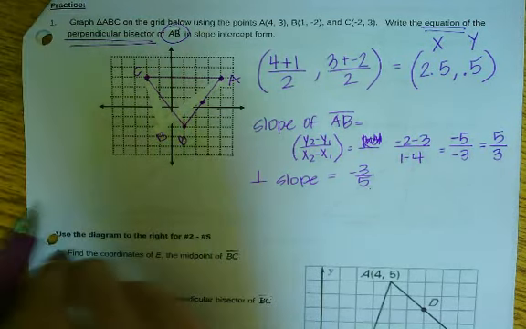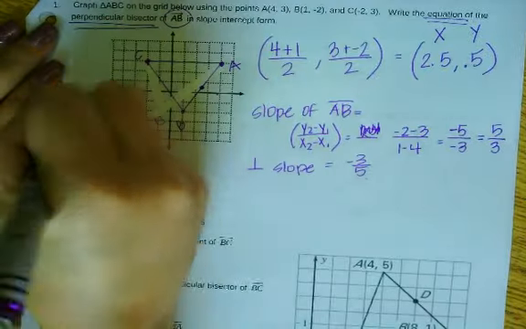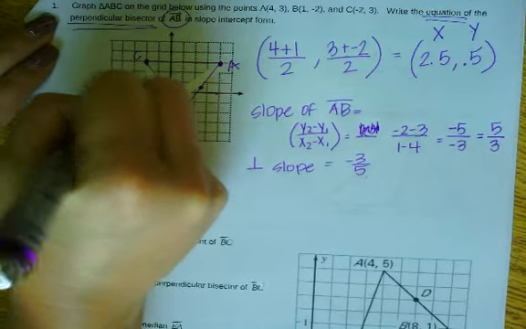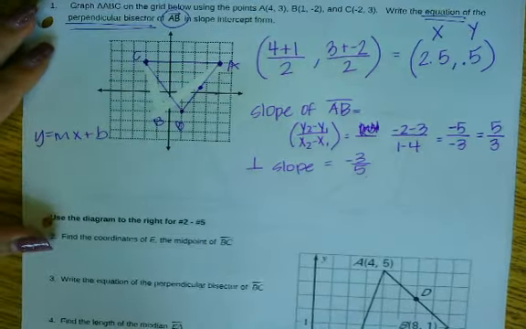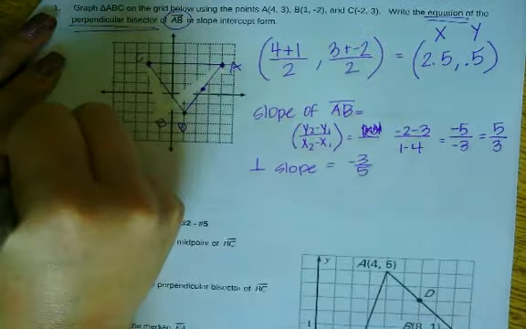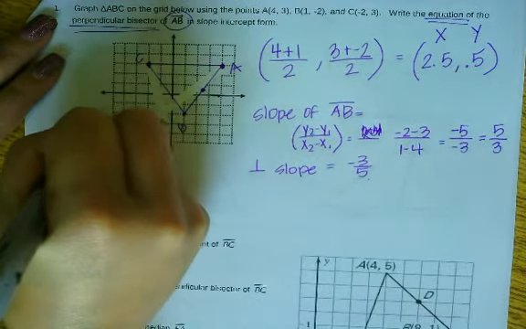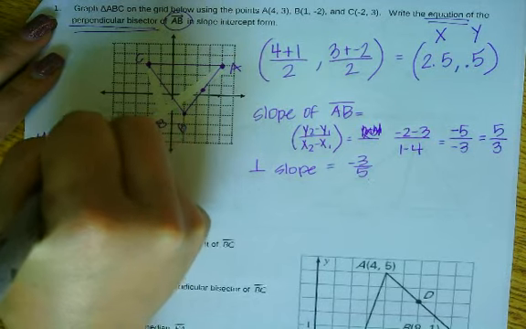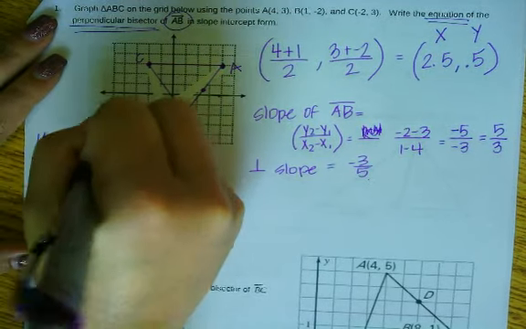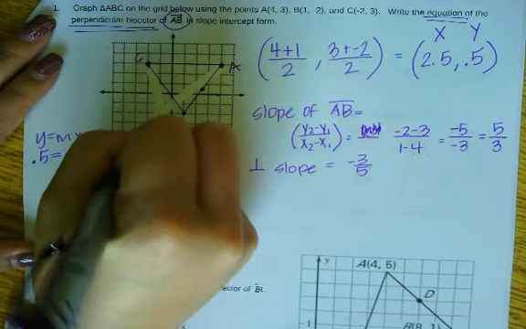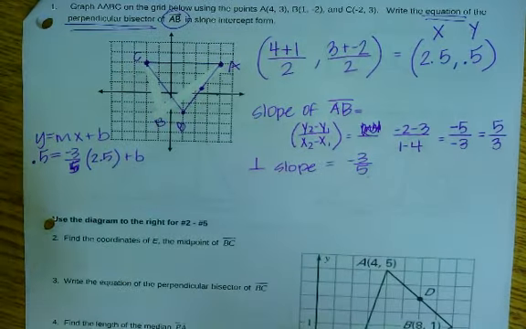On a test, it's most of the time going to be in y equals mx plus b, so get comfortable using that. So y is 0.5, you use your midpoint. m is negative 3/5. x is 2.5, plus b. What is negative 3/5 times 2.5?